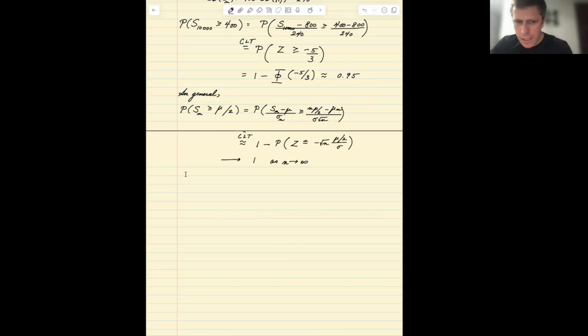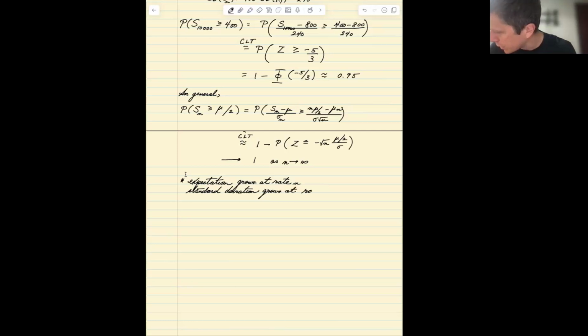In other words, we notice that the expectation grows at rate n, so it scales with n, whereas the standard deviation scales with the square root of n. So the standard deviation is growing much slower than the expectation.